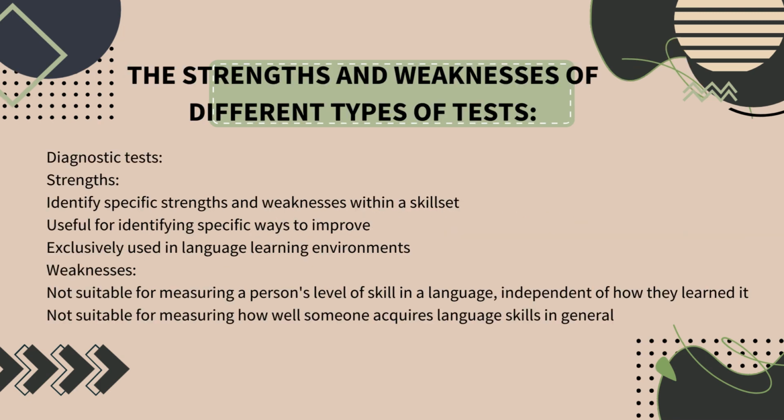For the next material is the strength and weakness of different types of tests. First, diagnostic tests. For the strength, number one, it identifies specific strengths and weaknesses within a skill. So, diagnostic tests can help teachers and learners to determine ways to improve learning.